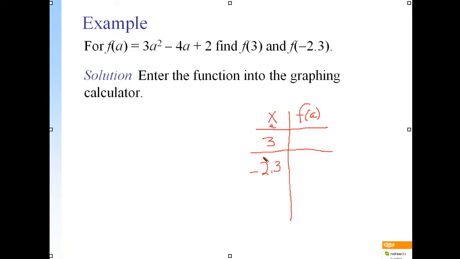Now, in this next one, they're asking you to do some using a graphing calculator, which we don't do. But what would be your strategy if you were doing them? Well, there is your function statement. Here is your x value. That's, in a sense, going to be the letter a, 3. And then there's a negative 2.3.